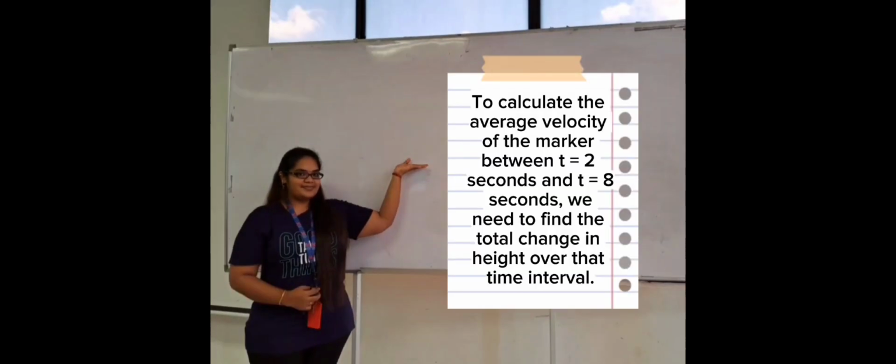This is the solution for question number 2. To calculate the average velocity of the marker between t equals 2 seconds and t equals 8 seconds, we need to find the total change in height over that time interval.